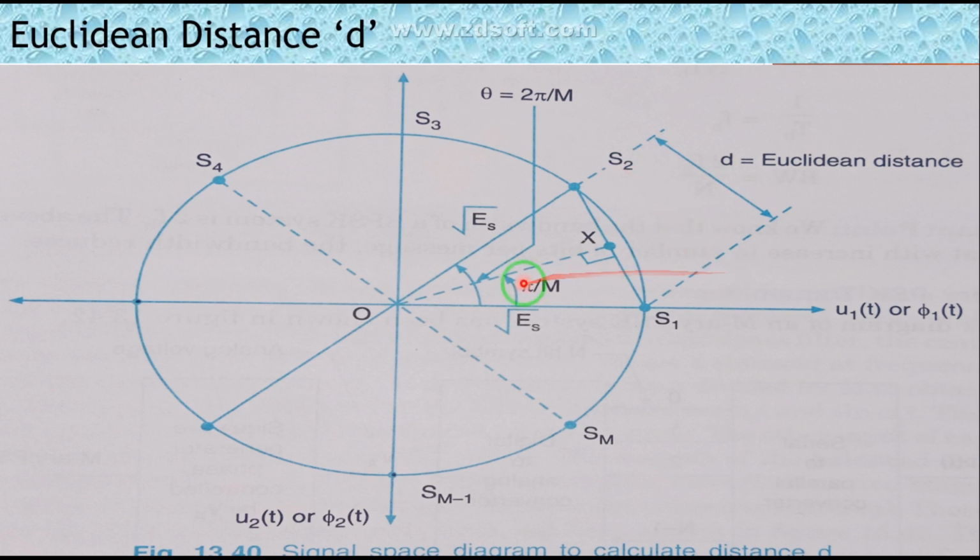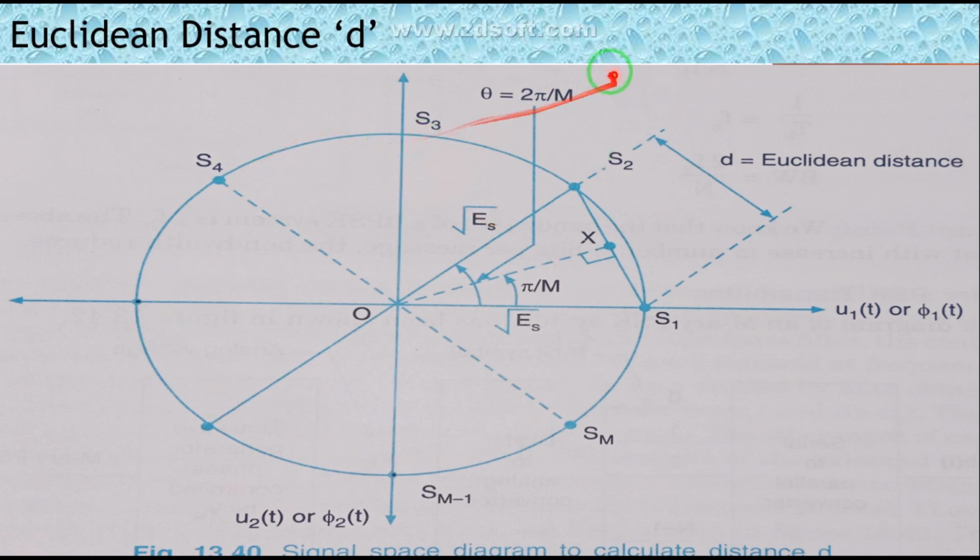So you can see this angle theta. The angle between these two M-ary PSK waveforms or symbols is given by 2 pi by M. In QPSK we have seen it was 2 pi by 4, right? So 2 pi represents the complete circle, and M is the number of messages. So you have to draw the circle.